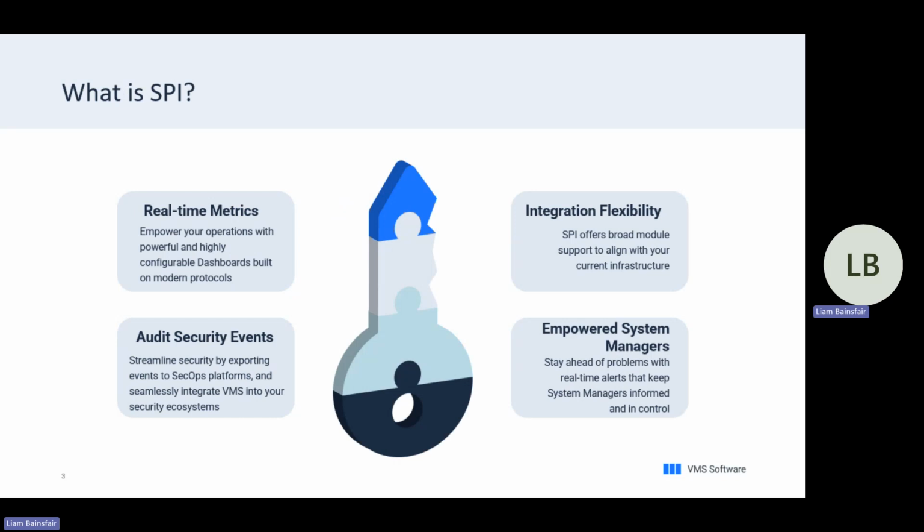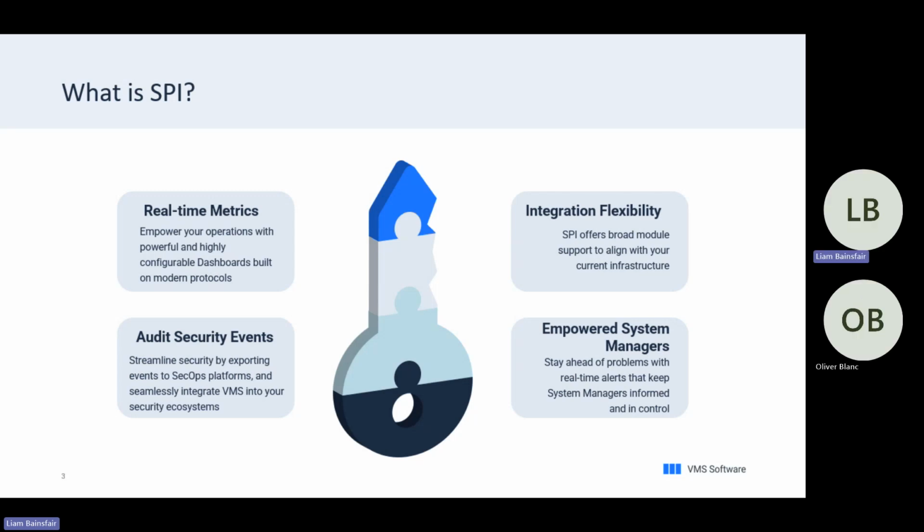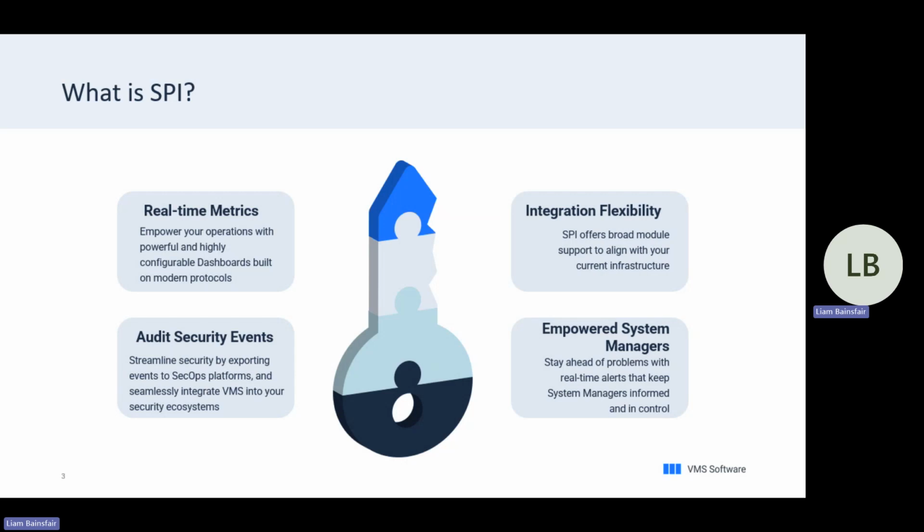So what is VMSSPI for those who don't know? VMSSPI is basically a plugin that was built on top of HP OpenView, for those who are aware of what HP OpenView was. However, we have made some improvements since the days of HP OpenView.